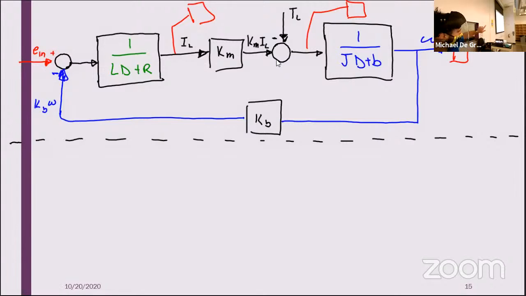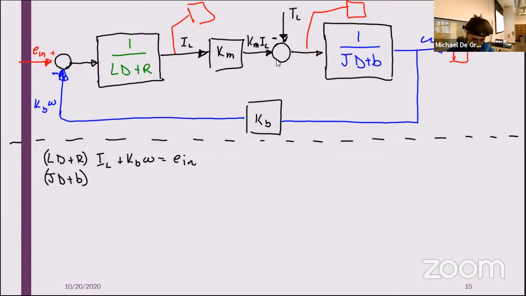Okay. So we're going to do this as a system-wide thing, right? So that means we need a single transfer function. Remember my equations looked like this, right? LDR I sub L plus K B omega is equal to E N, and JD plus B times omega is equal to K M I L minus T sub L. So I can do this one of two ways.